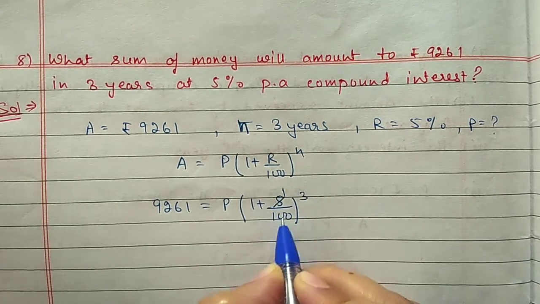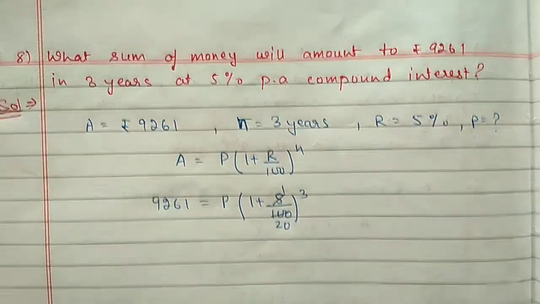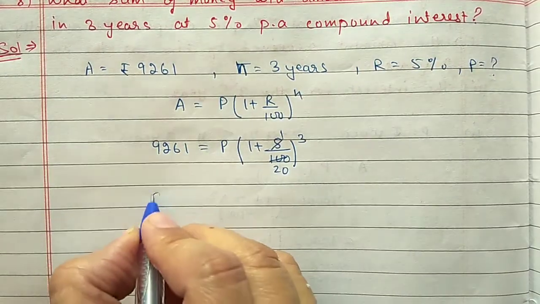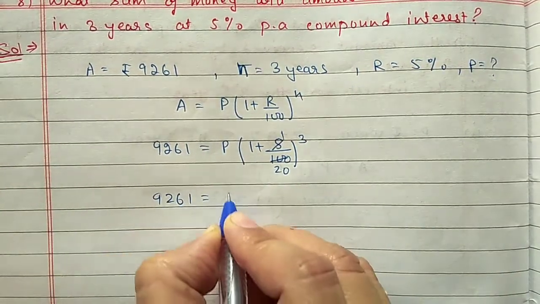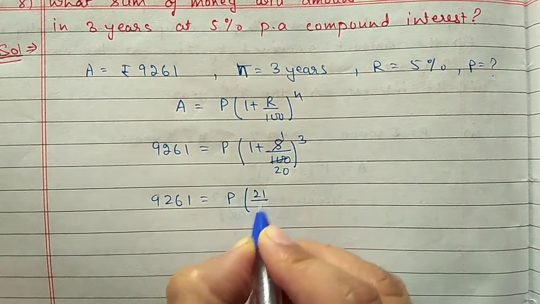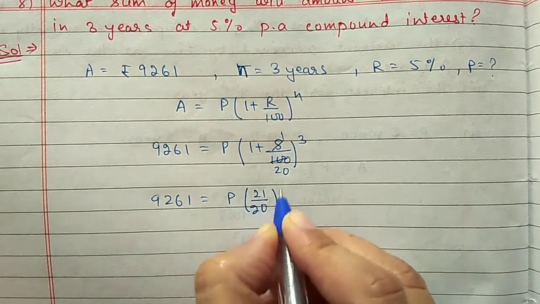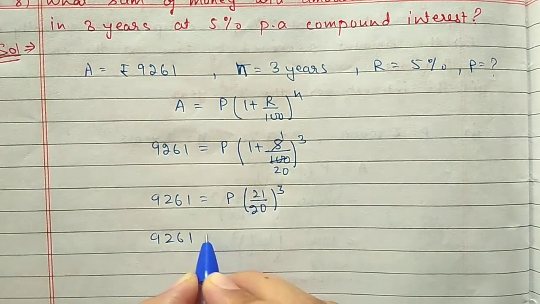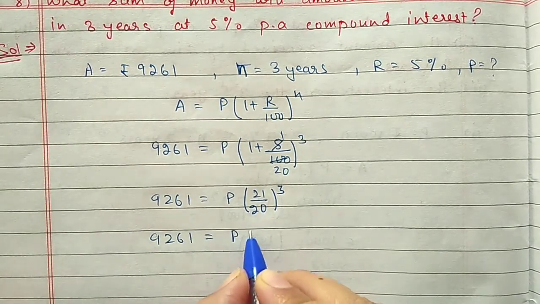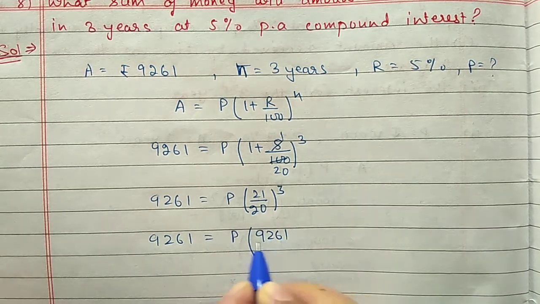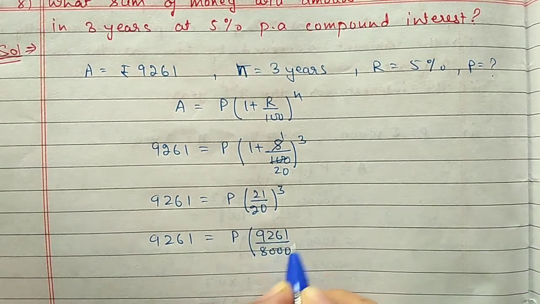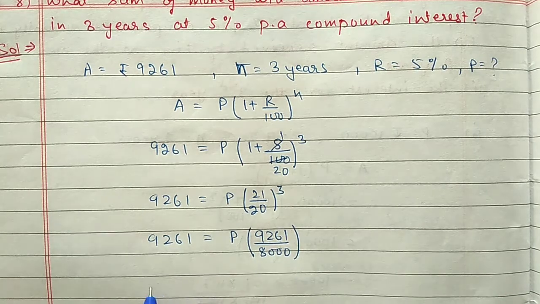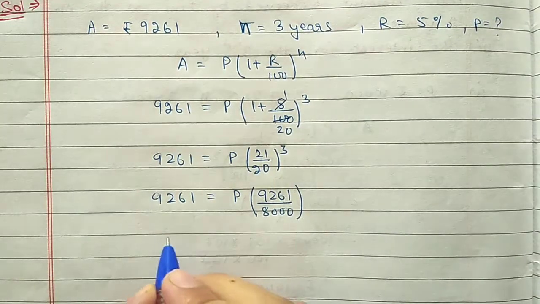Now you can cancel 5 ones are 5 and 5 twenties are 100. Then 9261 is equal to P, after taking LCM, you will get (21 by 20) to the power 3, and when you multiply 21 three times you will get 9261 by 8000. You can write like this also, both sides we will flip.